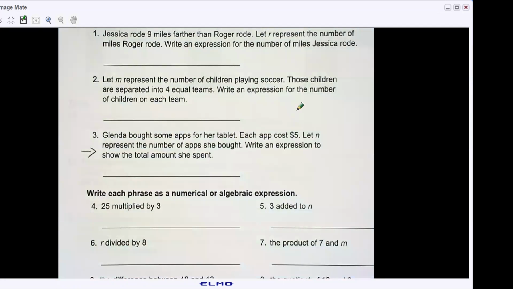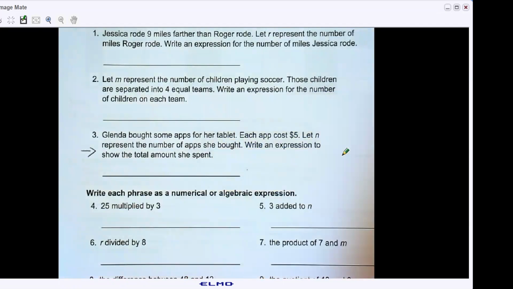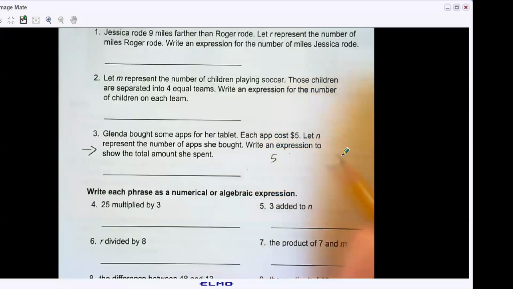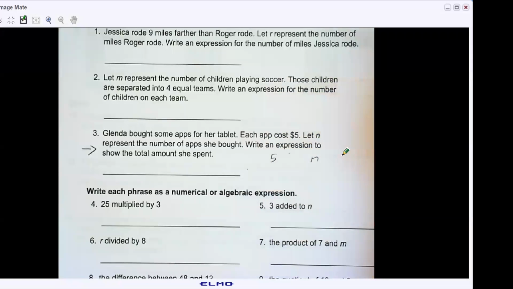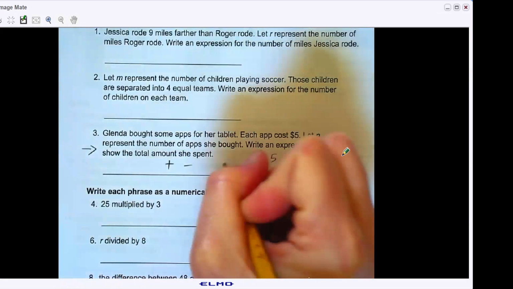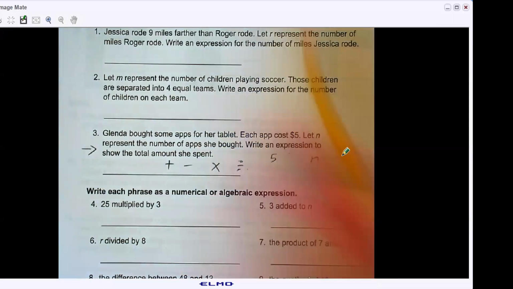So I know how much they cost, but I don't know how many she has. So to write an expression, I know that I'm going to have 5 and I know I'm going to have n, but what operation? Is it addition, subtraction, multiplication, or division? What happens every single time she gets another app?